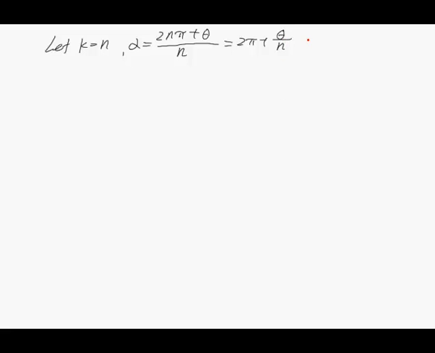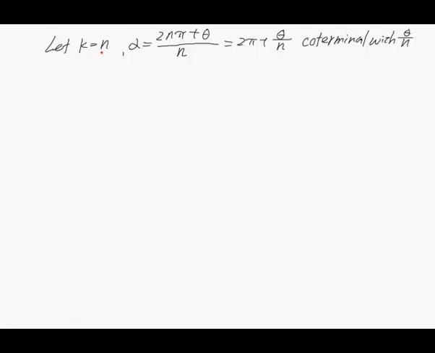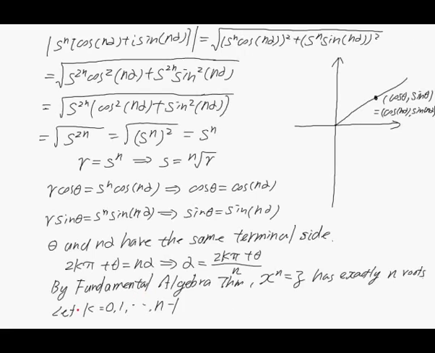And we know this is coterminal with theta over n. So this just corresponds to the case when we let k equal to 0, right? You see here, if we let k equal to 0, then we get theta over n. So if you let k equal to n, then you just get one of the roots you already got by letting k equal to 0, 1 through n minus 1.